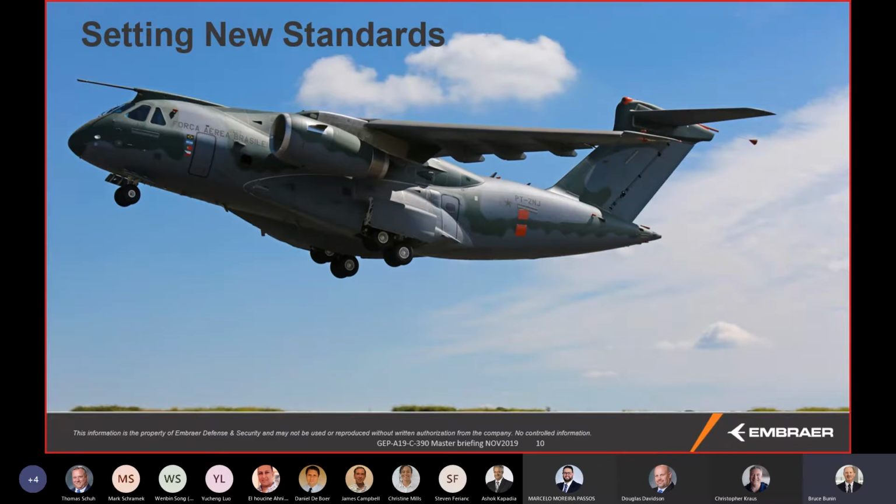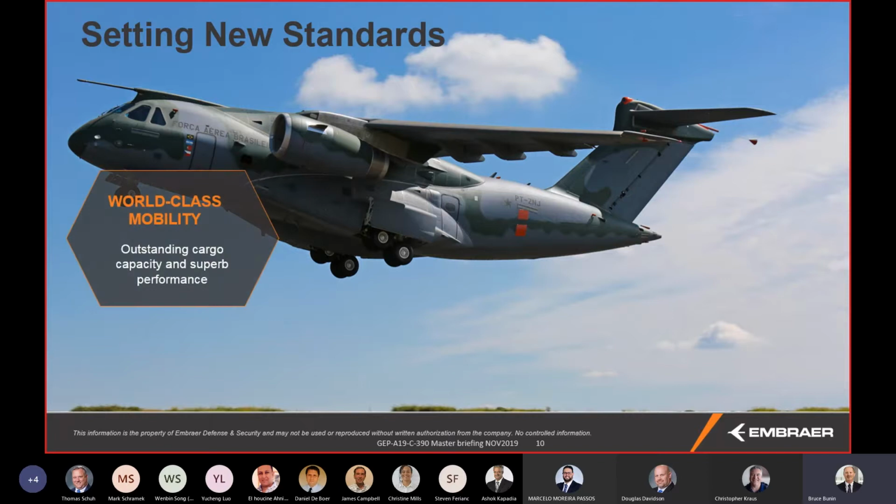And that is either airlift aircraft that are designed primarily to transport cargo and or troops from either point A to point B, or to deliver them through the air via airdrop. Or tanker aircraft, air refueling aircraft that are designed to do aerial refueling of other airplanes. The C-390 can do a little bit of all of that, and I'll talk about it some.